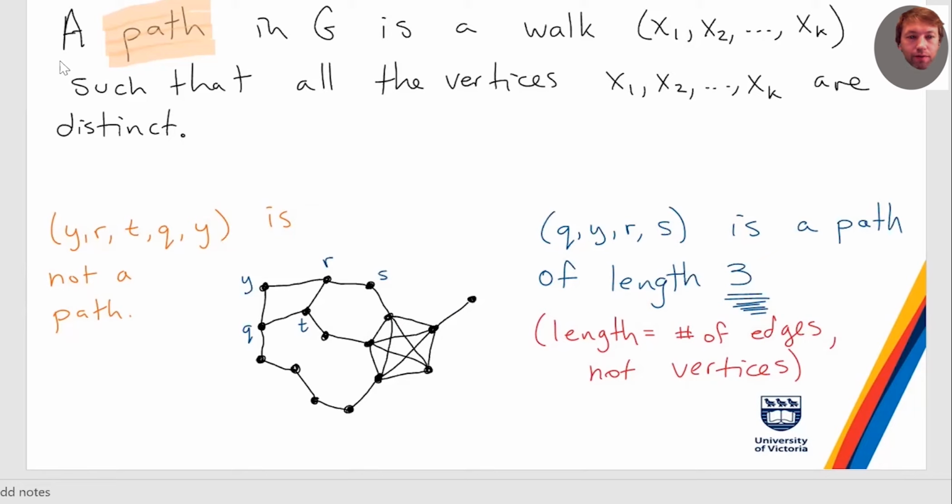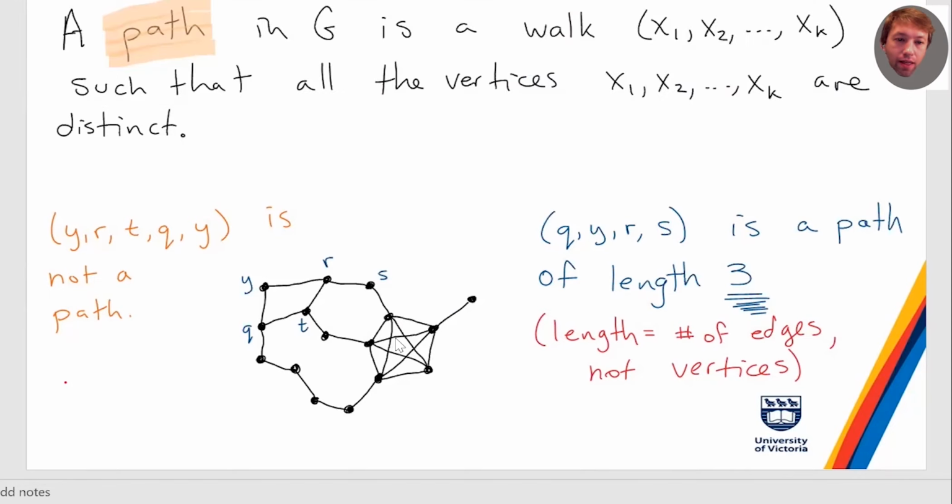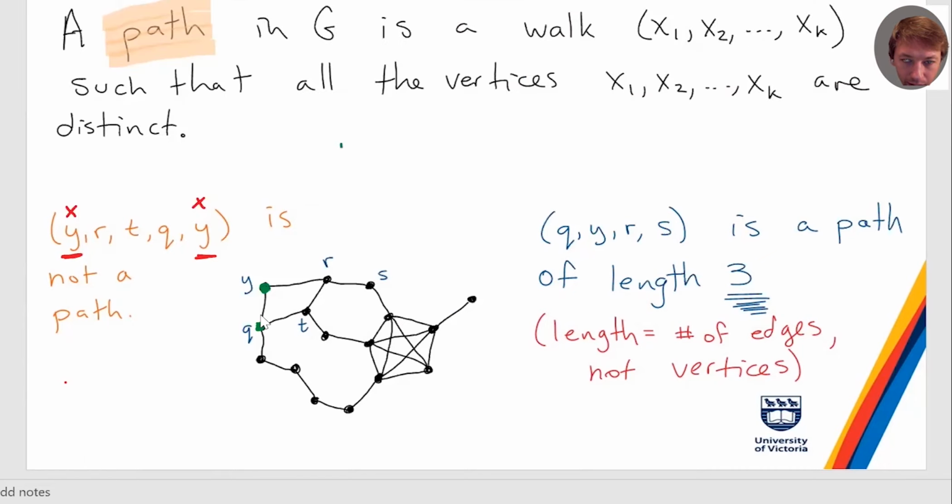If I took y, r, t, q, y, well, it is a walk, yes. It's not a path because it starts at y and it ends at y, right? So the vertices are not distinct. If I take q, y, r, s, that is a walk.